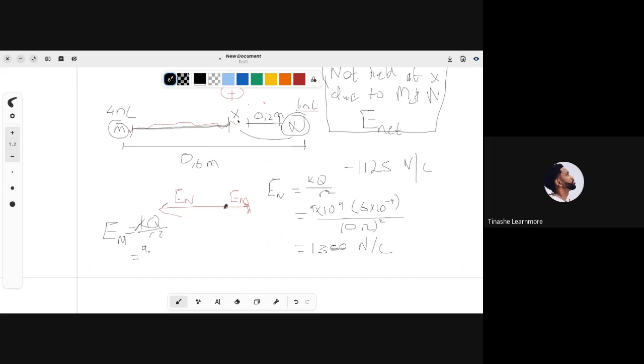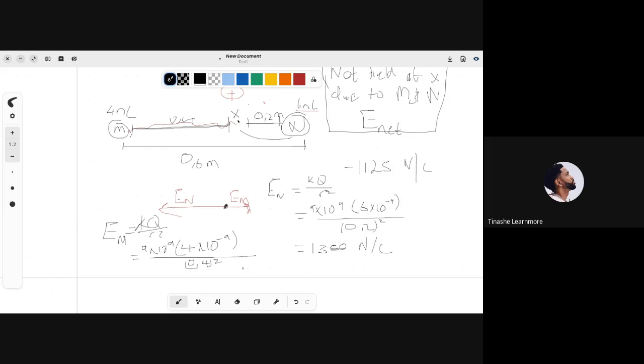Then I have 9 times 10 to the ninth multiplied by charge Q. The charge is the one of M, which is 4 times 10 to the negative 9, over R squared. And the distance there is actually 0.4 after doing the whole subtraction. So I'm going to have 0.4 squared.